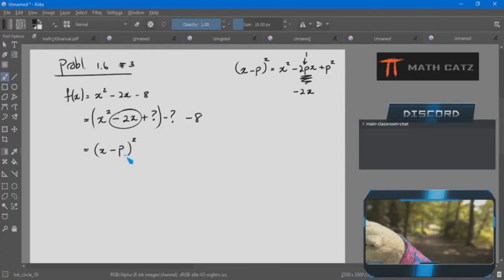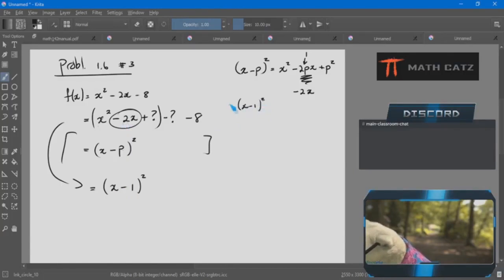So let's have this as temporary and continue over here. It's going to have to be (x minus 1) squared, so that when I simplify it, I get that negative 2x. The simplification process with an x and a minus 1 will give me my negative 2x.